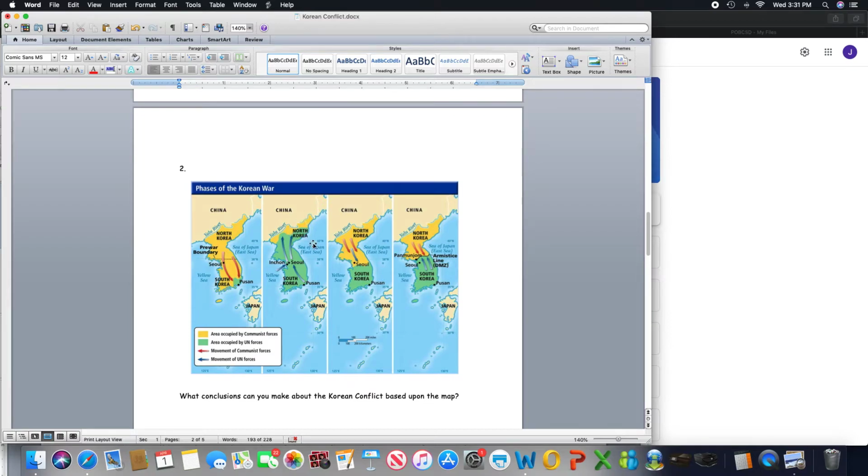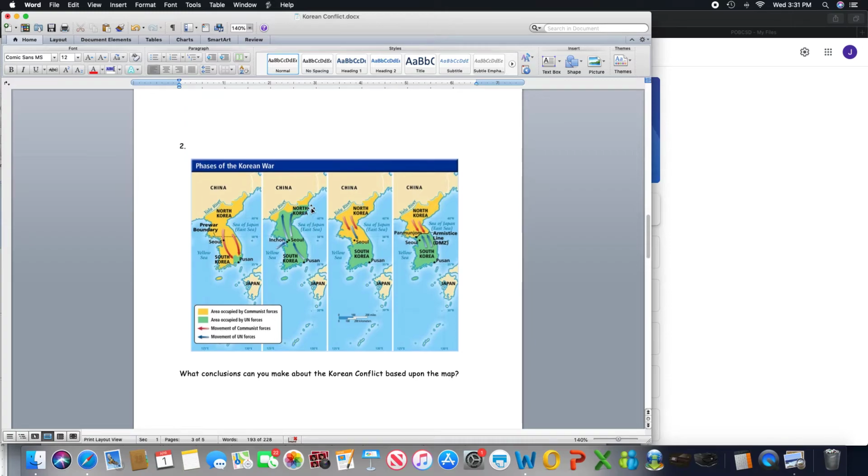At this point, we see this conflict between Truman and MacArthur about how far we should take this conflict. Are we going to focus simply on containment, or are we going to escalate this and go into China? You know from your reading that MacArthur was willing to attack China, maybe even use nuclear weapons, and Truman said, no, we can't do that.